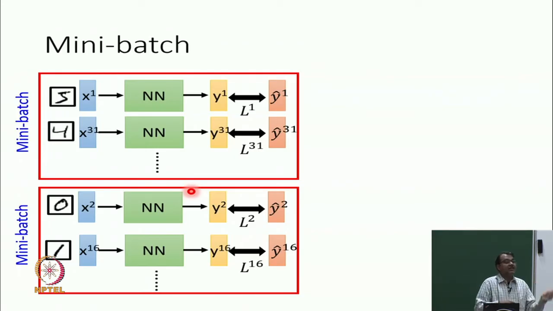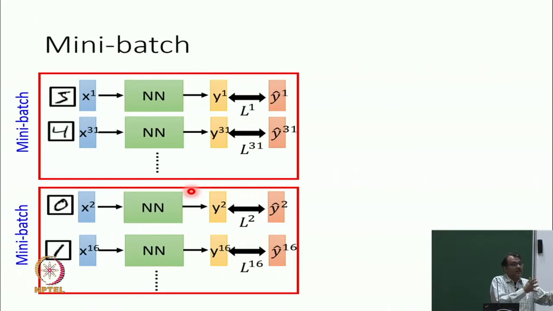Then I give it the next. Then I go from theta 2 to theta 3. And I keep doing this. At some point, I am done with my training data. What do I do? Start again. Maybe if I am smart, I will redivide them into a different mini batch combination, or I'll just say forget it, I'll just give the same first mini batch again, then the same second mini batch. Going over the training data once is called one epoch.